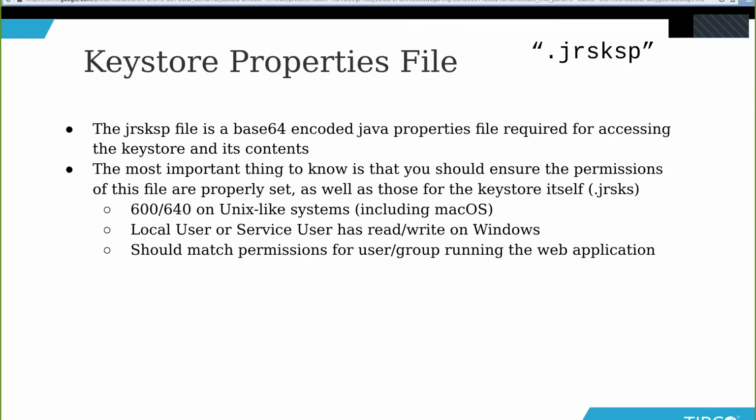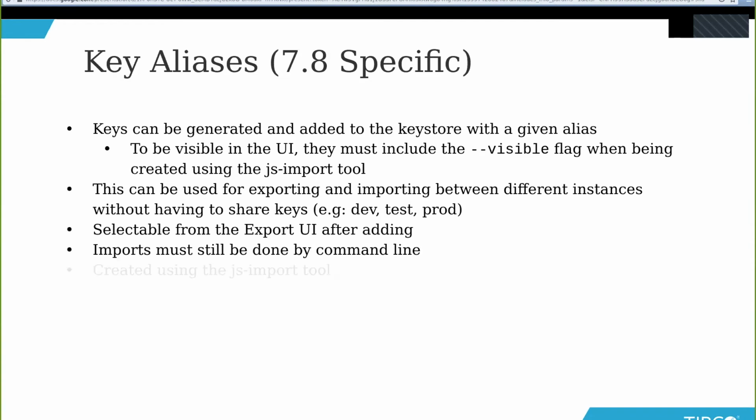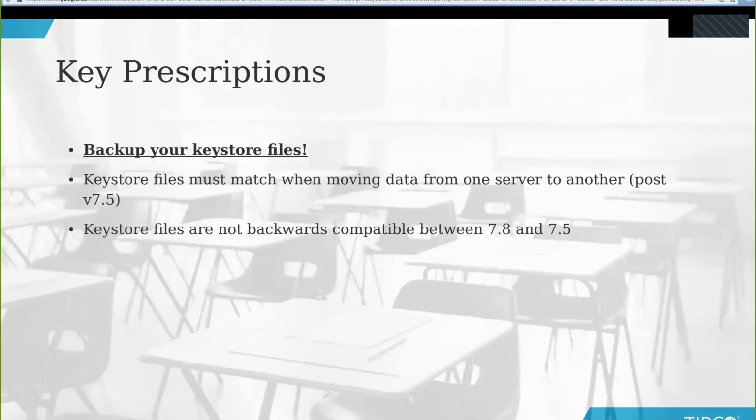But again, I can't stress enough to back up your files, which leads me into the takeaways. Back up your files, your Keystore files. That's both of them, both the properties file and the Keystore file.